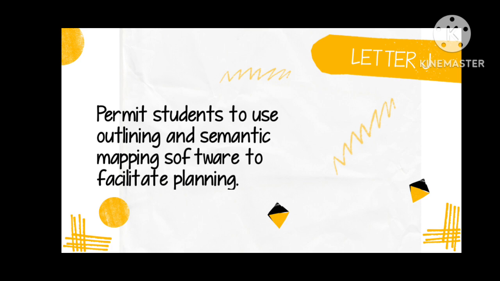So here, students can use apps or sites that give them an outline and semantic mapping to facilitate their planning, so that the sequence of their topic, or the information they would like to put in the outlined plan, is not jumbled or in any random order.